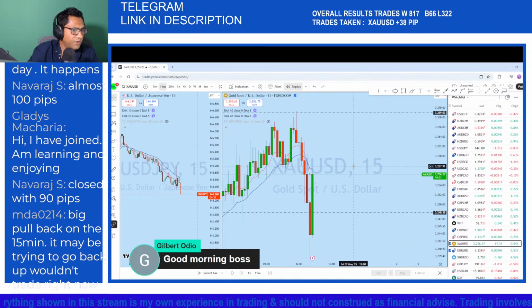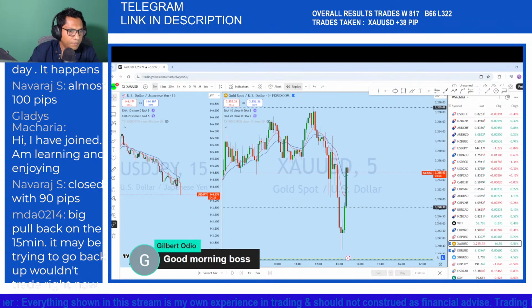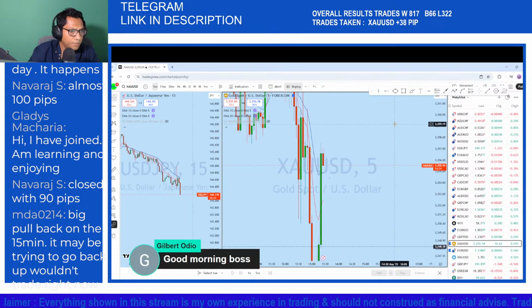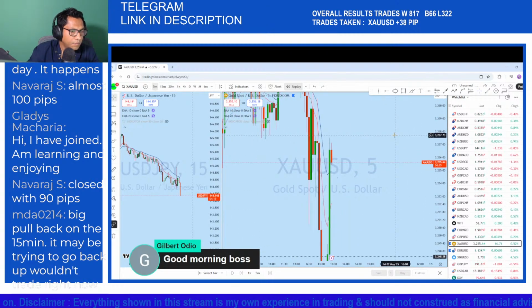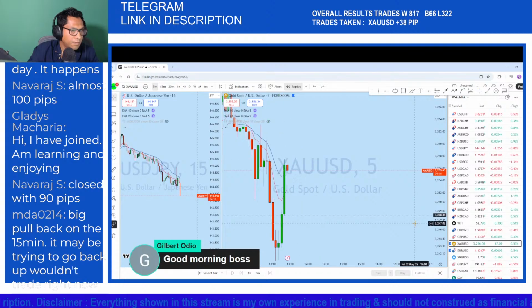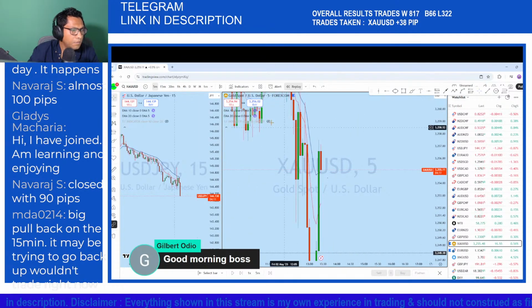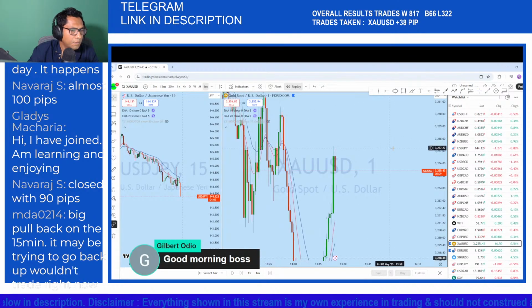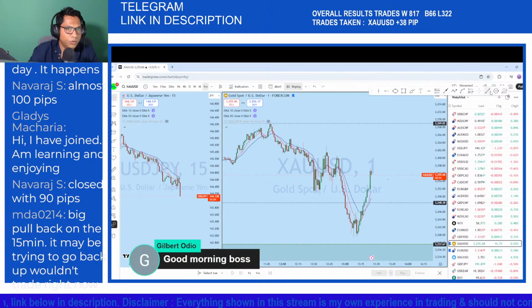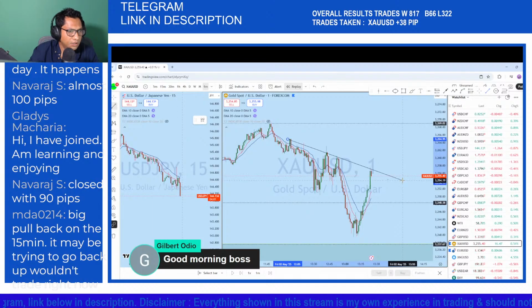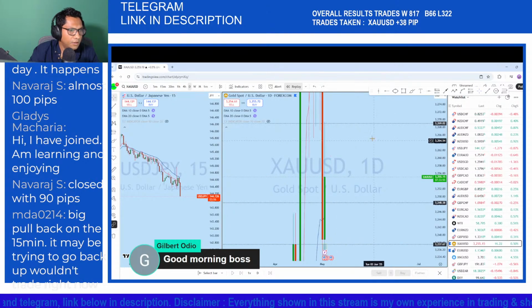We see that the 15 minute candle is closing in a couple of minutes. Now this is an important resistance line, reach that price too. From here the daily high is there.